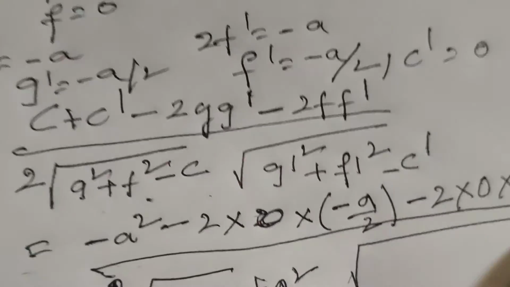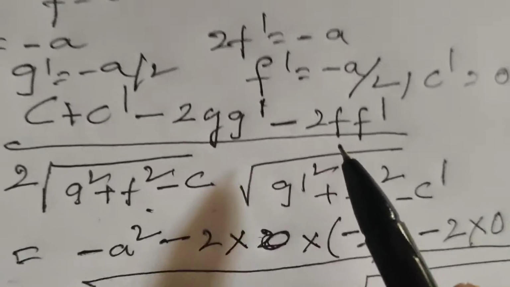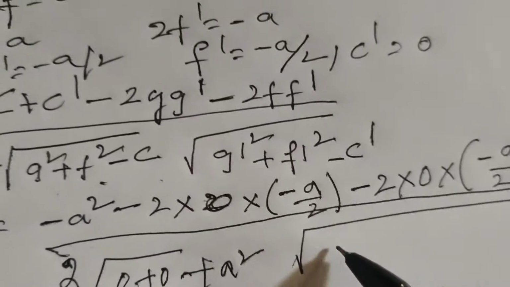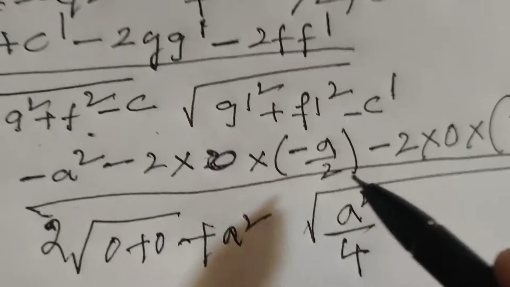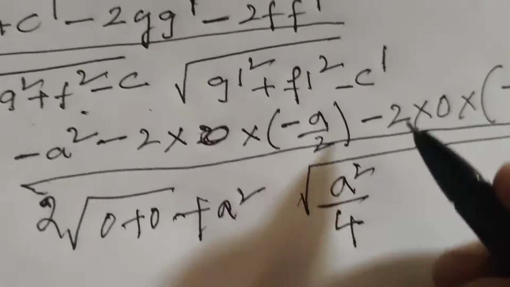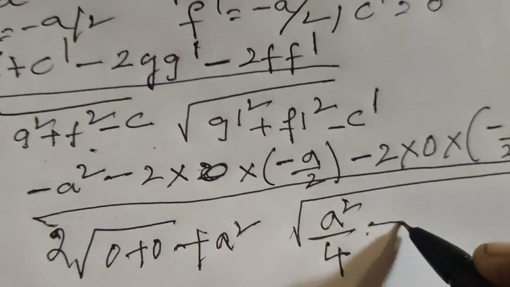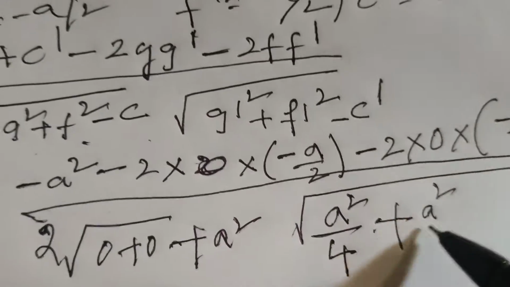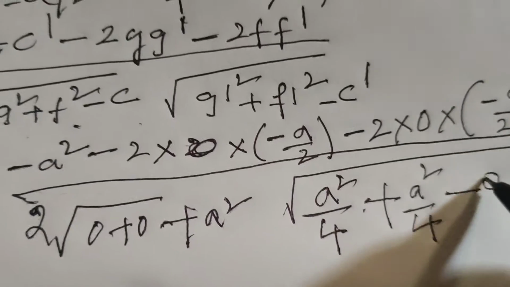Again in the square root of G'² + F'² − C': G' = −a/2, so G'² = a²/4. F' = −a/2, so F'² = a²/4. Then C' is 0.